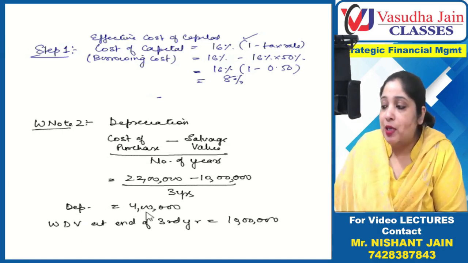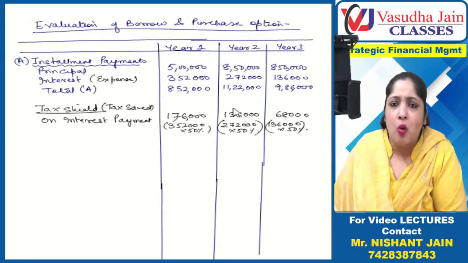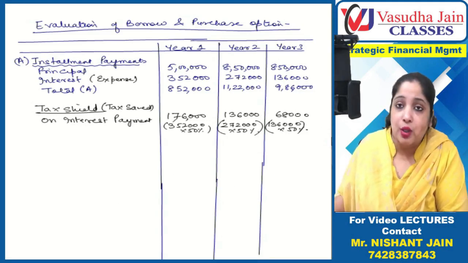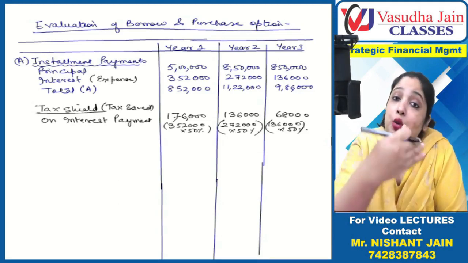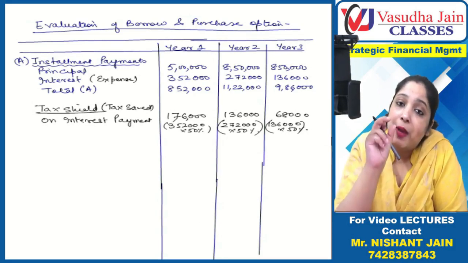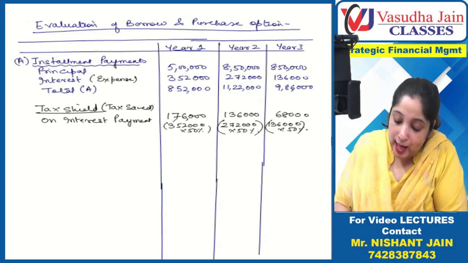So first of all, depreciation is how much? 4 lakh. Now, should I show depreciation in this computation? No, depreciation is neither an outflow nor an inflow. Then what will come here? When I show depreciation in the P&L, my profit will be reduced by 4 lakh every year. I will be able to save tax on my depreciation.